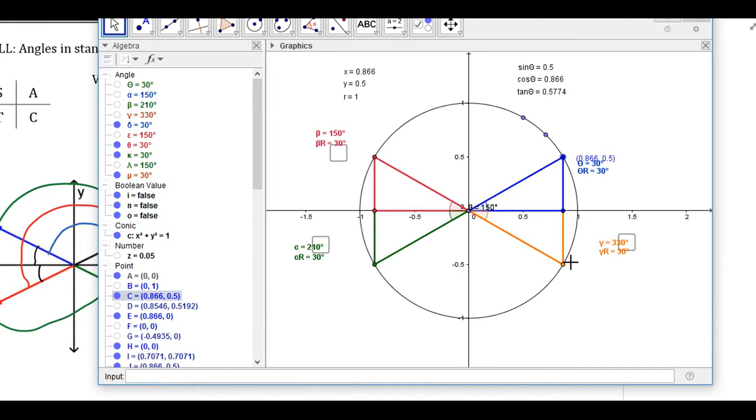So that one's negative and that one's negative, hence the CAST rule. That's where that comes from. These y values are positive. In these two quadrants, quadrants 2 and 3, the x values are negative. R, which is like the radius of the radial arm, is always positive because it's a length.